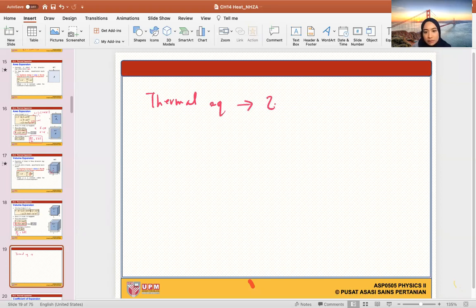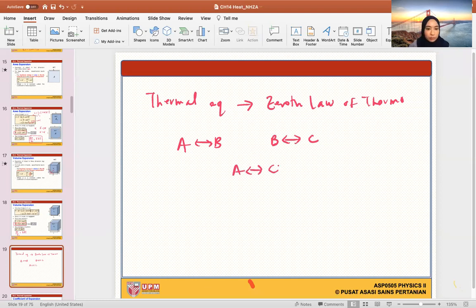And we learned about the zeroth law of thermodynamics, which is if A is in equilibrium with B, and if B is in equilibrium with C, then A and C are also in equilibrium. It doesn't have to be A, B, C. It can be your friend, yourself, and another person. Doesn't matter. You know what this means. Thermal equilibrium. And then we talked about the measuring devices.